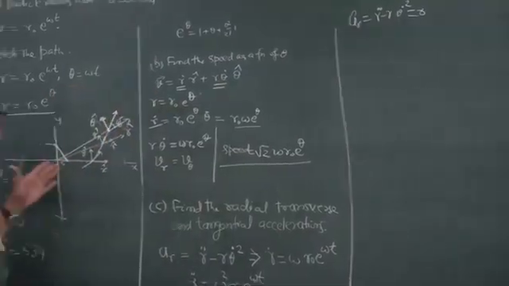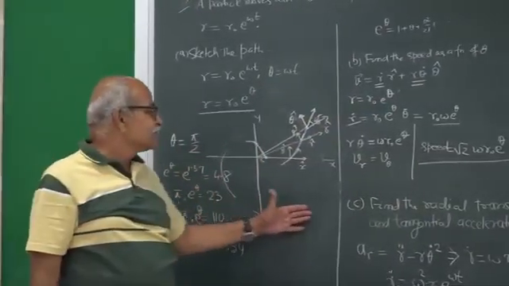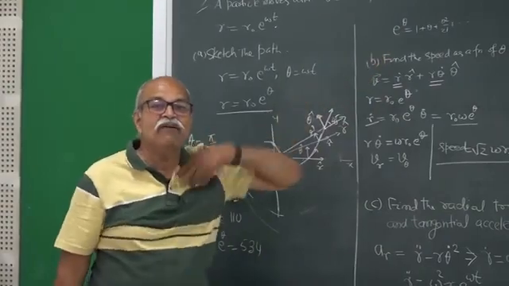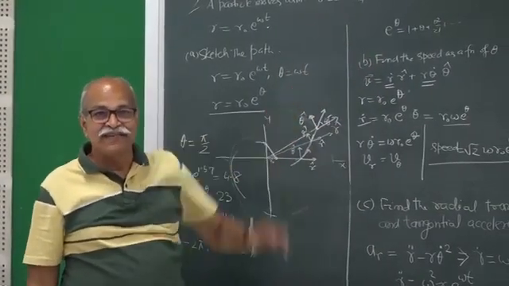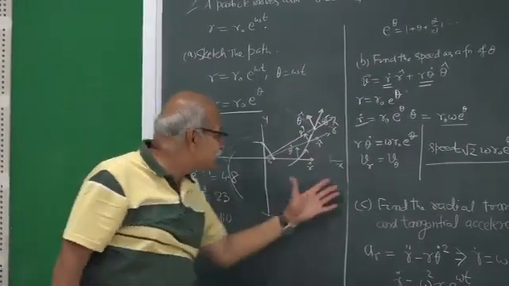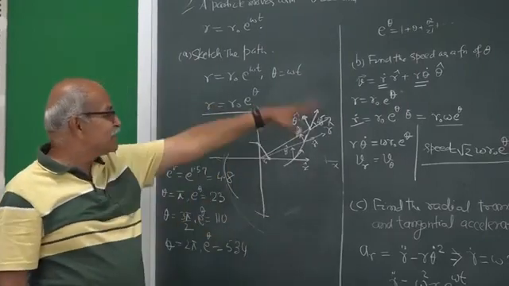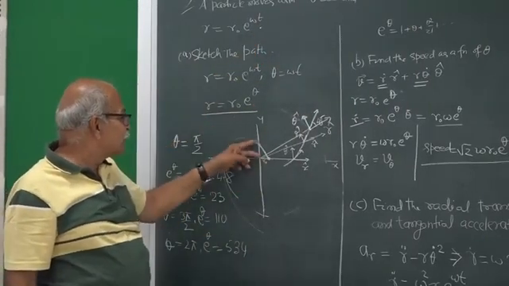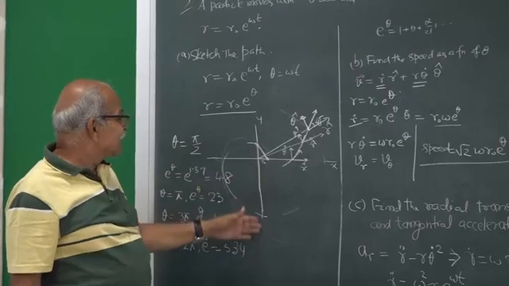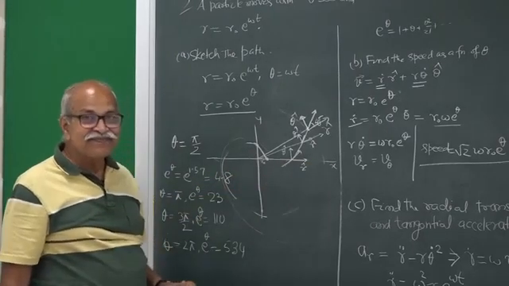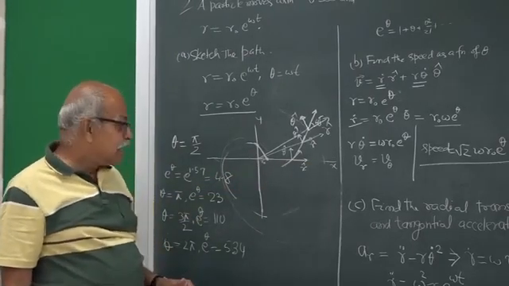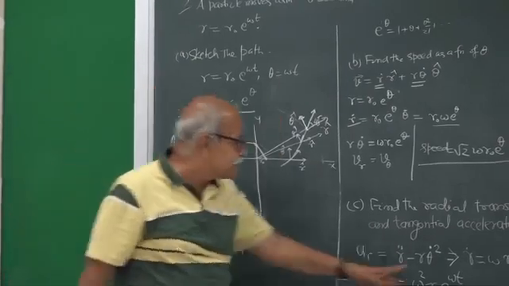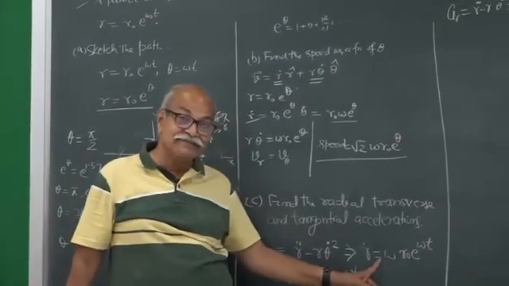r is increasing in a great fashion. r is going away from the origin, and exponentially it is going away. You can see this is 4.8, this is 23 and so on, this is 500. If you see r dot, r dot is also increasing.